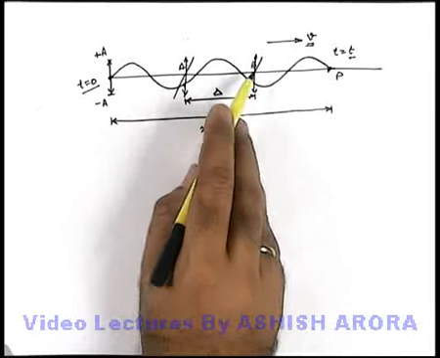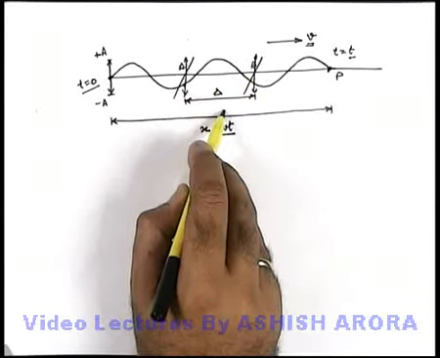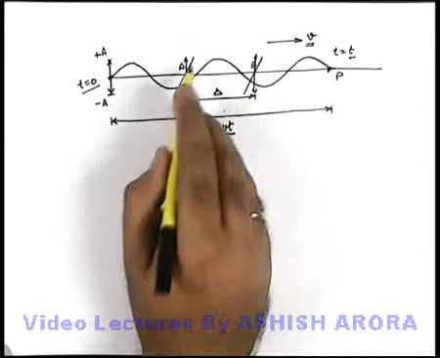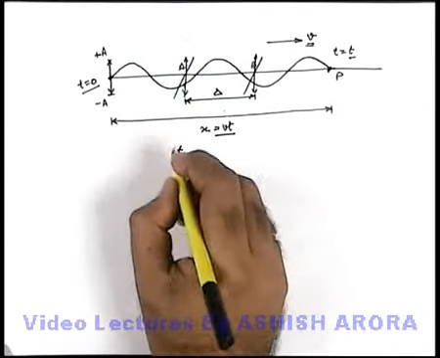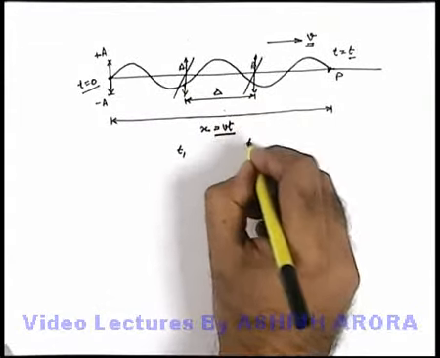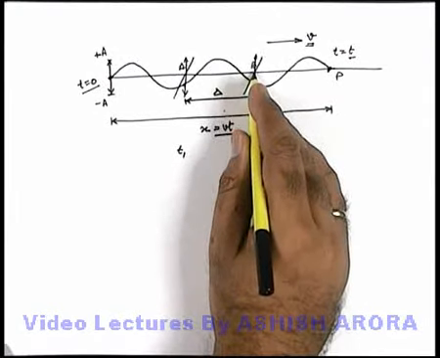Here we can say point B will start oscillating after a time delta by v after particle A has started. If at time t1 particle A starts its oscillation, then at time t1 plus delta by v, B will start its oscillations.